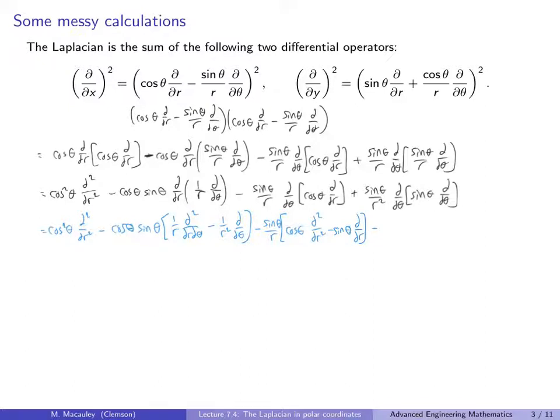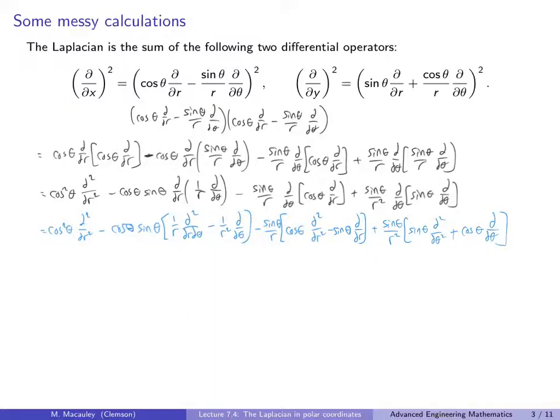And finally, we have plus sine of theta over r squared times, then the product rule on the inside is, so sine of theta times d squared d theta squared, plus the derivative of sine, which is cosine of theta times d theta.